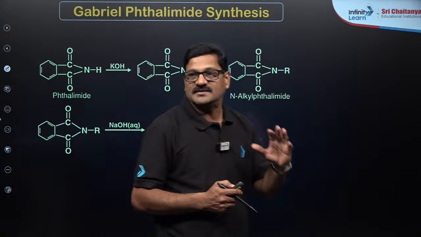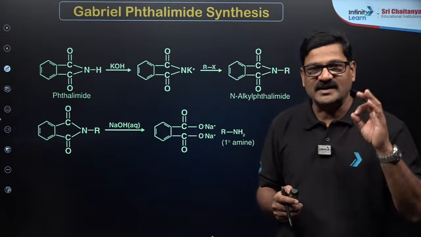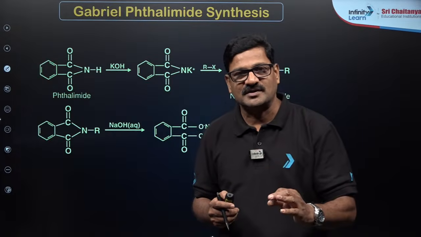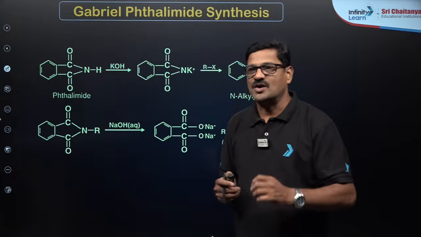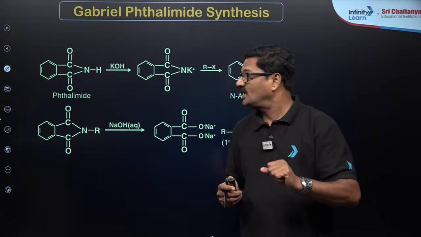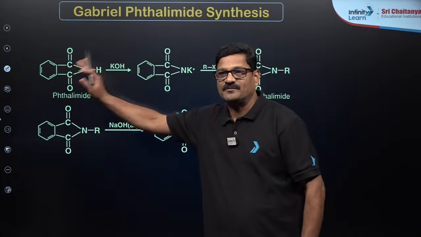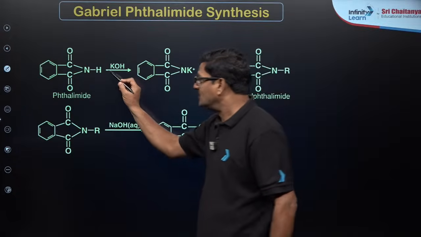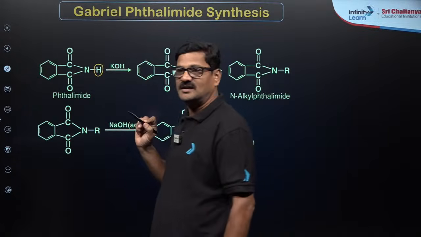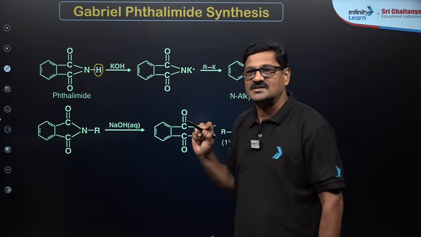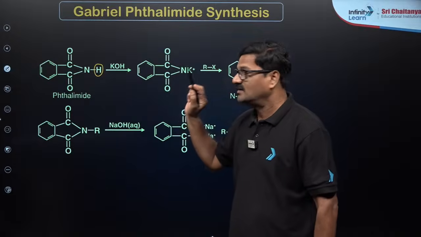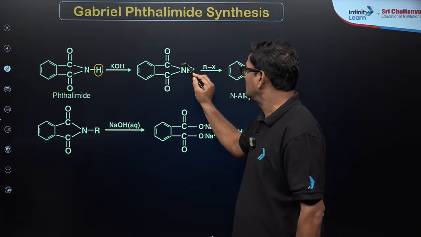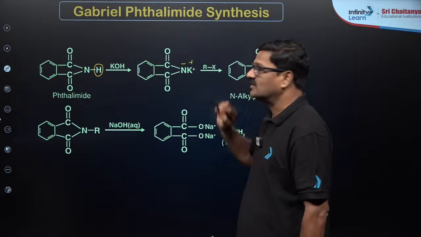Gabriel phthalimide synthesis. It is an exclusive method for the preparation of primary aliphatic amines. So how do we do this? I will tell you. So this is a phthalimide, and this hydrogen is acidic in nature. When this is acidic in nature, it reacts with potassium hydroxide, and a potassium salt is formed.